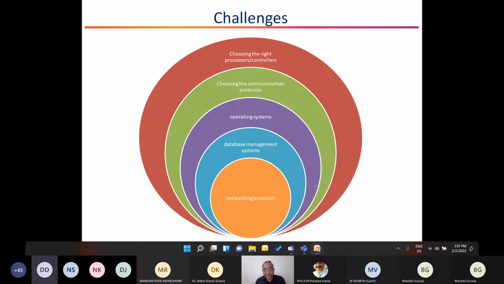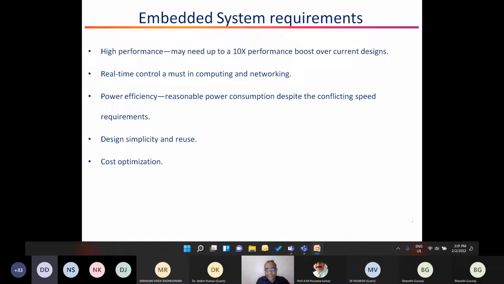Working with this data is not that simple. Working with this data in terms of software is a different challenge, and when it comes to hardware, a lot of other challenges creep in, right? So these are the challenges that I have identified, and then let us see what we can possibly look into to address some of these things.